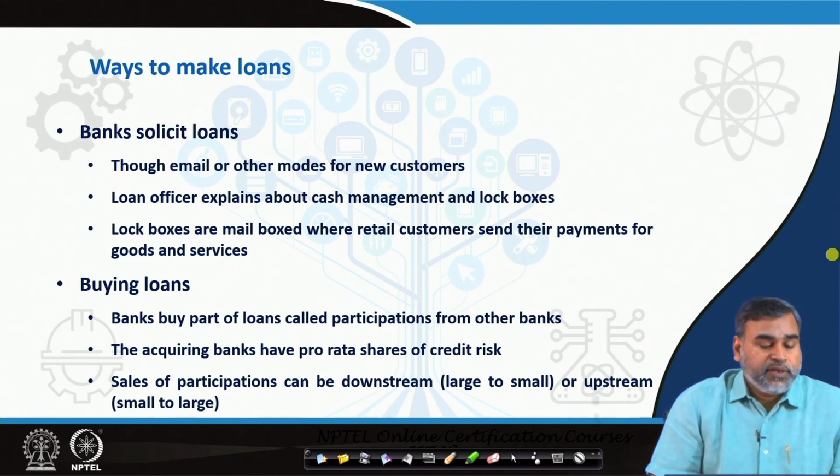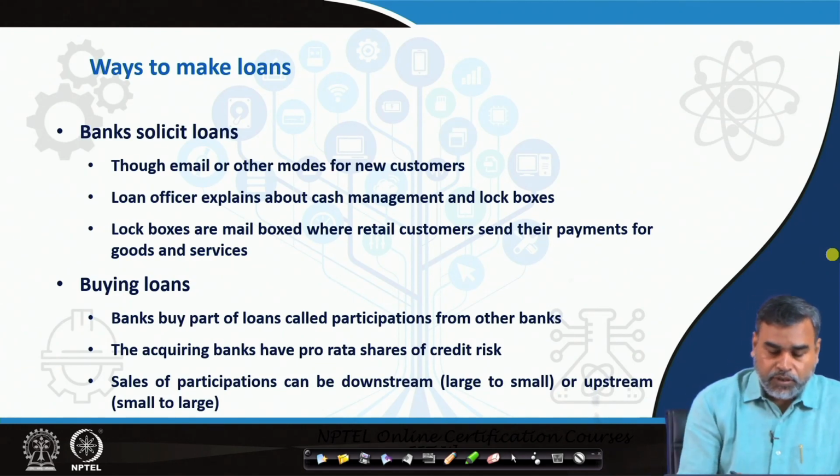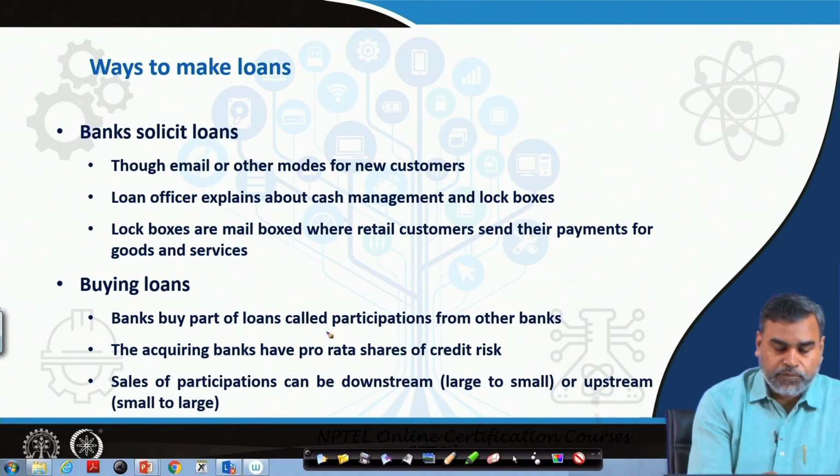Another method is buying loans. What do we mean by buying loans? Buying loans means banks buy part of loans, which are called participations. Participations are imported from another bank.